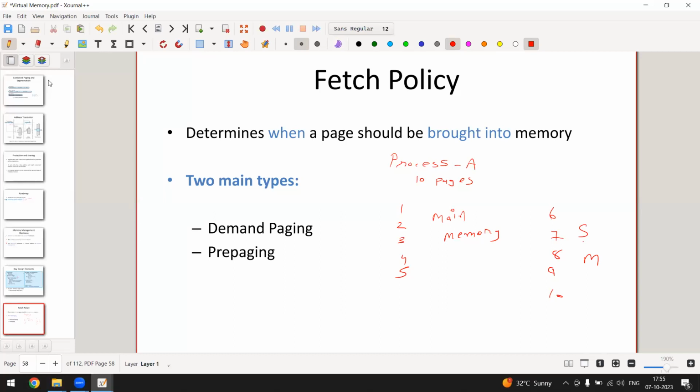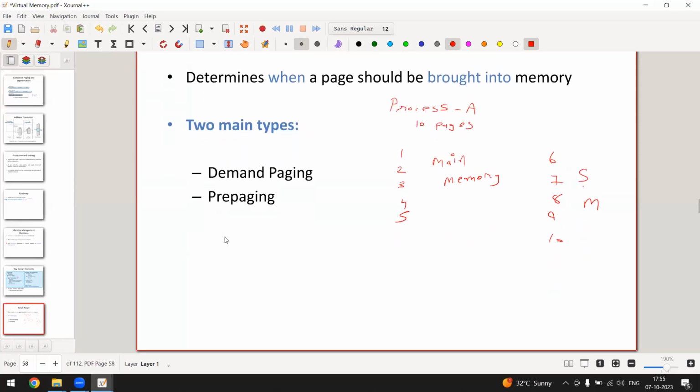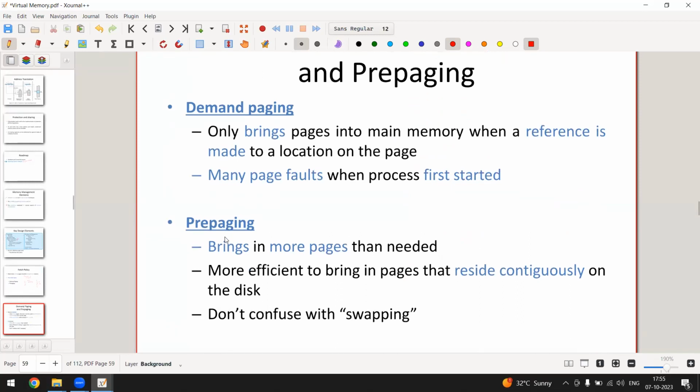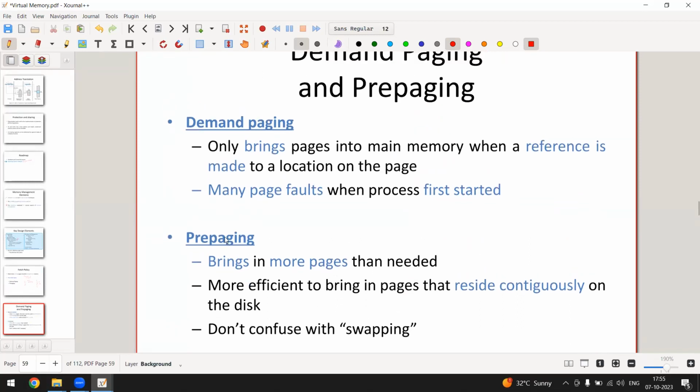And what is pre-paging? In case of pre-paging, irrespective of the requirement, you bring some pages into the memory in advance. So that is your pre-paging. So formally, let us see demand paging and pre-paging. In case of demand paging, only bring the pages into memory when a reference is made to a location on the page.